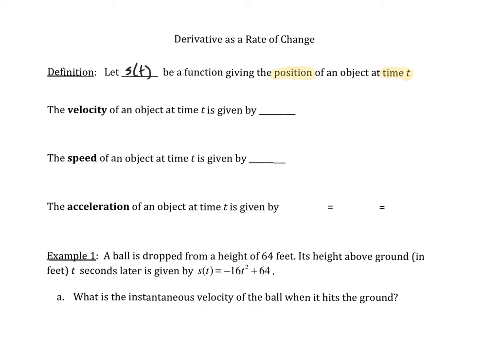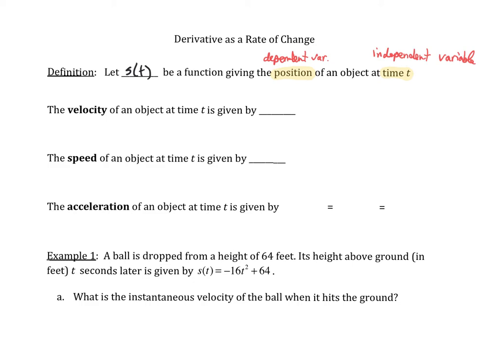This position is the dependent variable, and the time is the independent variable. To make it perfectly clear, the position s depends on what the time is, and at different times t, we'll have different positions.